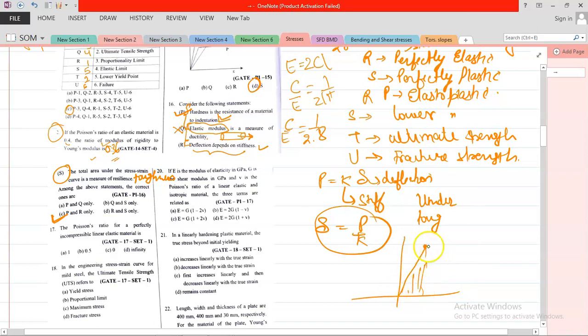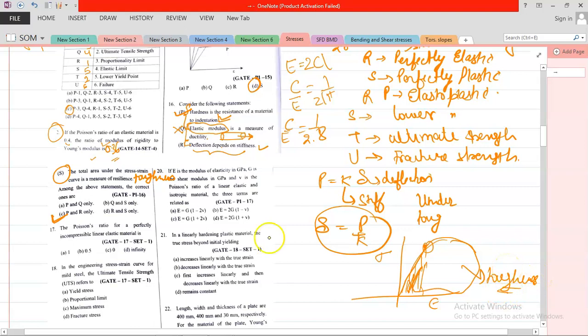If you consider this is your stress strain curve, up to the elastic limit the area under the curve is called resilience. And if you consider the whole graph, then it is called toughness. So I explained the difference between toughness and resilience.